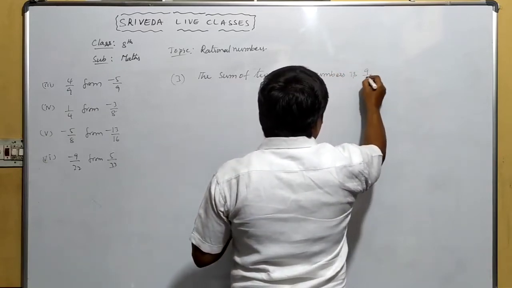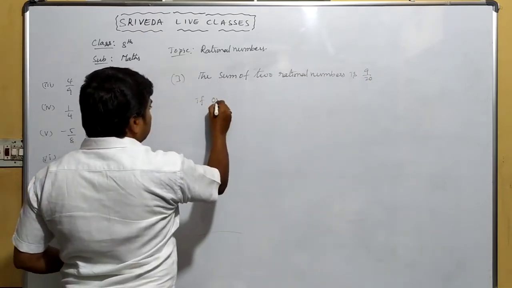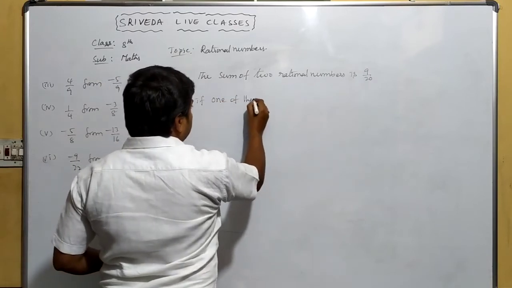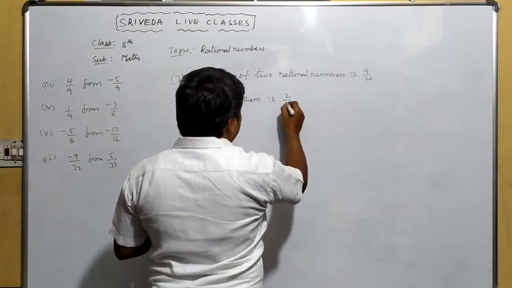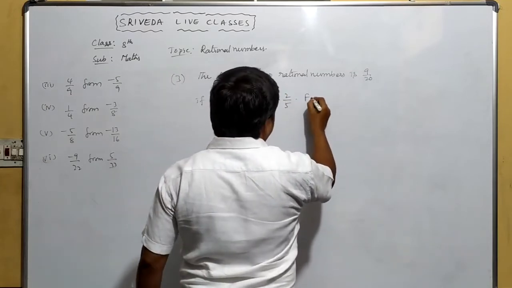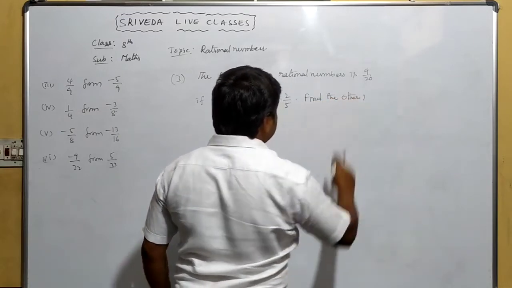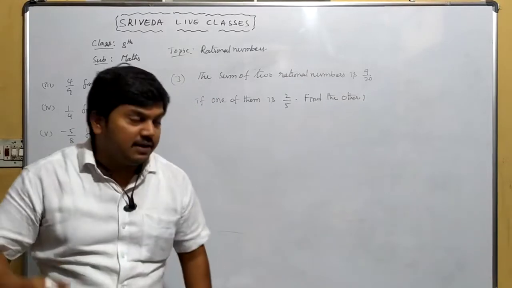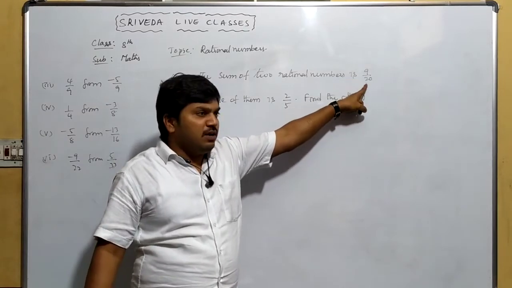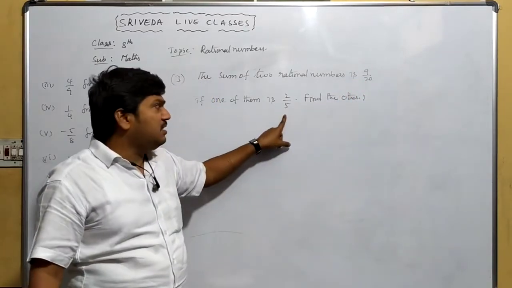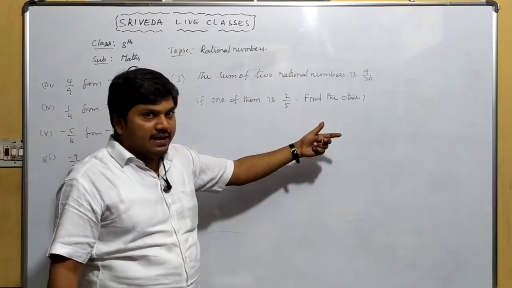Find the other. You see that question? The sum of two rational numbers is 9 by 20. One of them, 2 by 5, is given. Then the second one we need to find out, right?